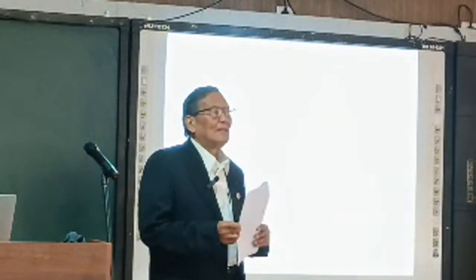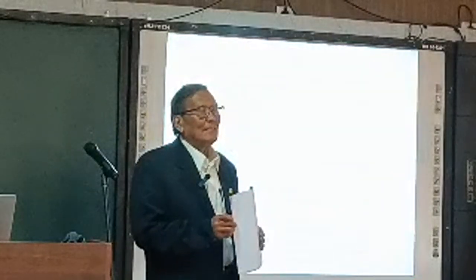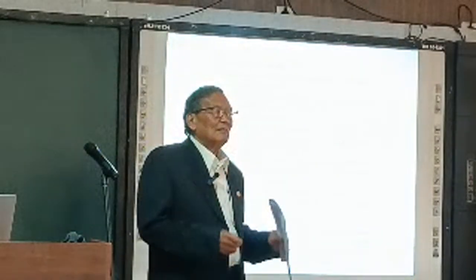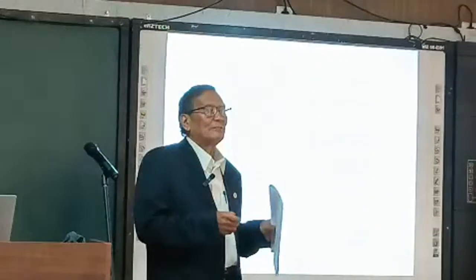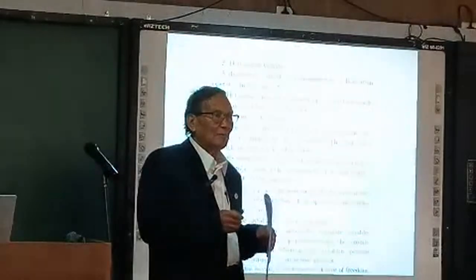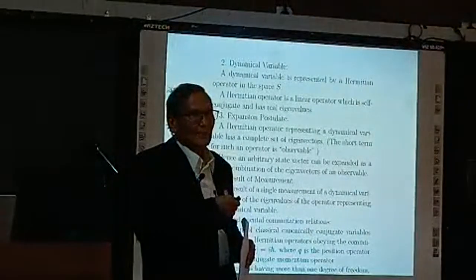If you are going to observe a dynamical variable on a system, then whatever be the system, the result of your measurement of that variable is one of the eigenvalues of this operator.